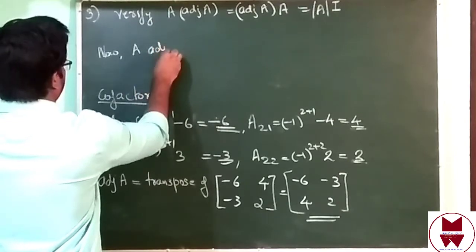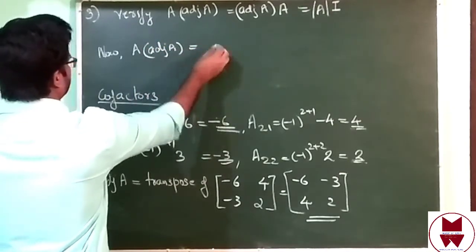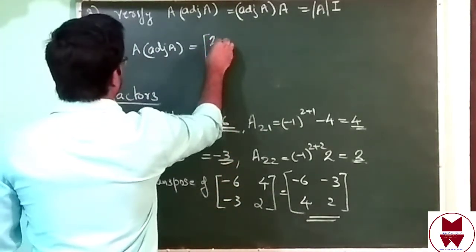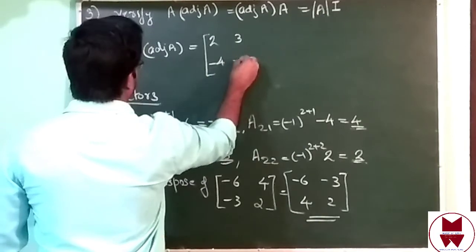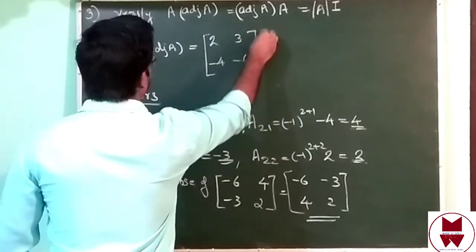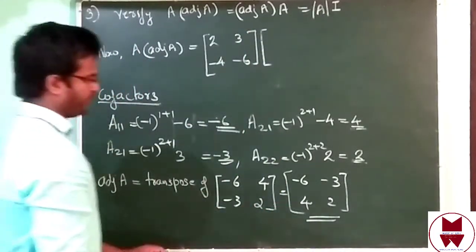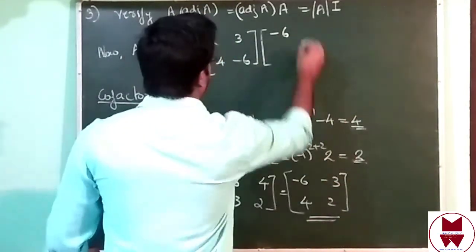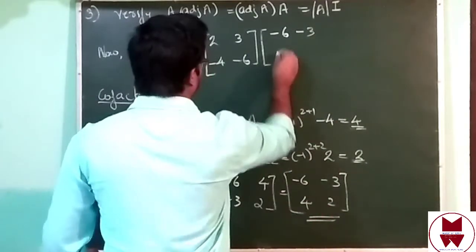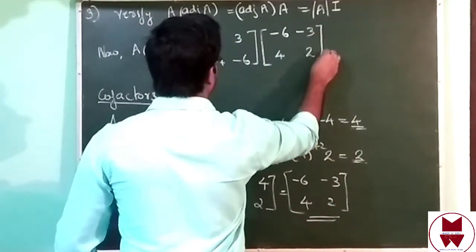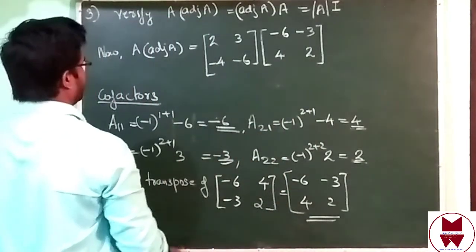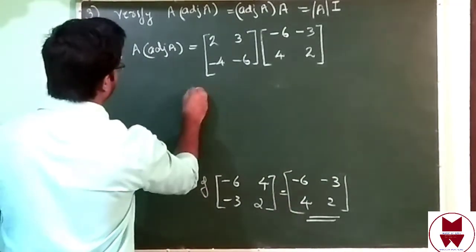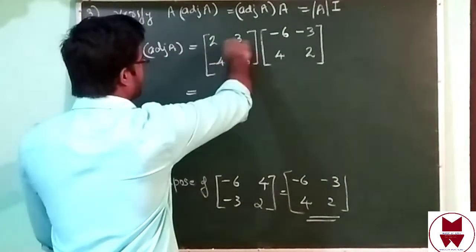A into adjoint of A equal to, first write A, the given matrix, that is the matrix 2, 3, minus 4, minus 6, into adjoint of A. We got adjoint of A, that is minus 6, minus 3, 4, 2. Then you can multiply.